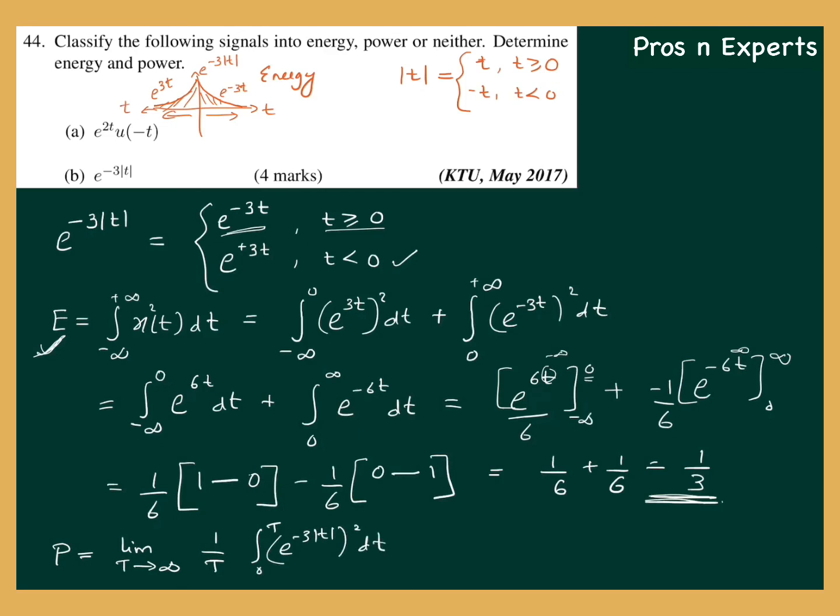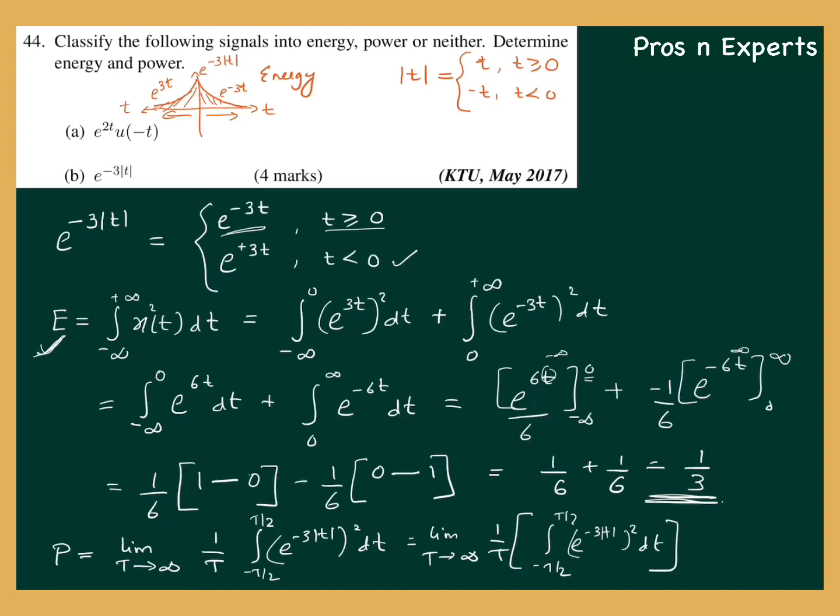Again, I can use this equation because this is a two-sided signal: integral from minus T by 2 to plus T by 2 of e raised to minus 3 mod t the square dt.